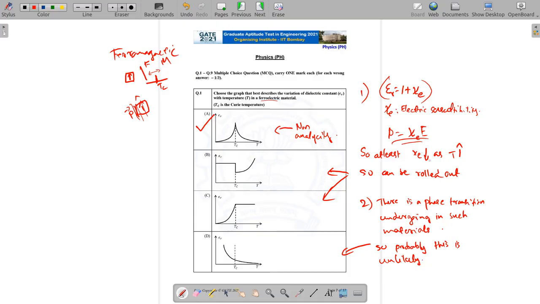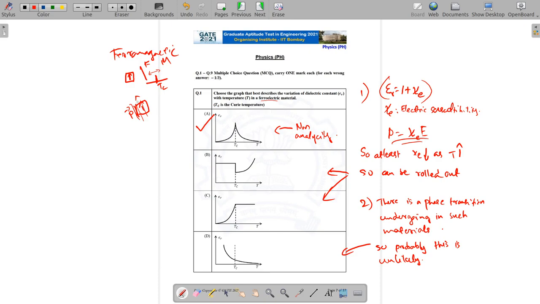So the first point to note is that chi e decreases as temperature increases. This is natural, like compared to the ferromagnetic objects. If you permanently polarize a ferroelectric material and then heat up the material, usually what happens is that these atoms gain more kinetic energy, and eventually they will lose this polarization direction.